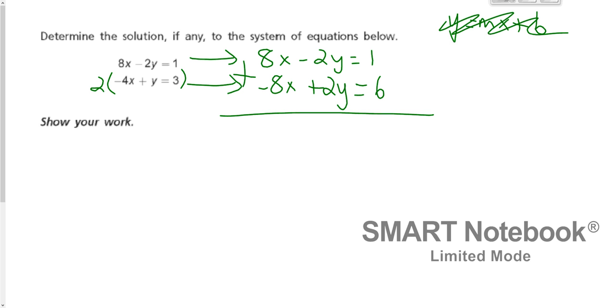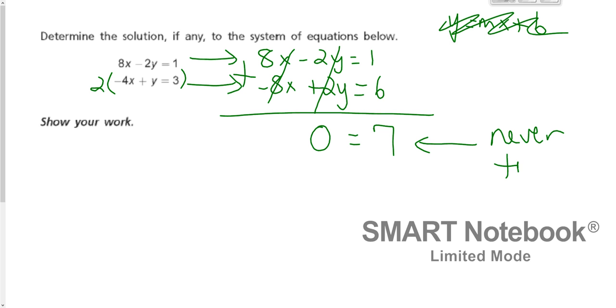Now when I add them together, something interesting is going to happen here. 8x plus -8x is 0. -2y plus 2y is also 0. So now there's nothing left on this side, so I have to put a 0. Both variables canceled out. And I'm left with this statement, 0 equals 7, which is never true.